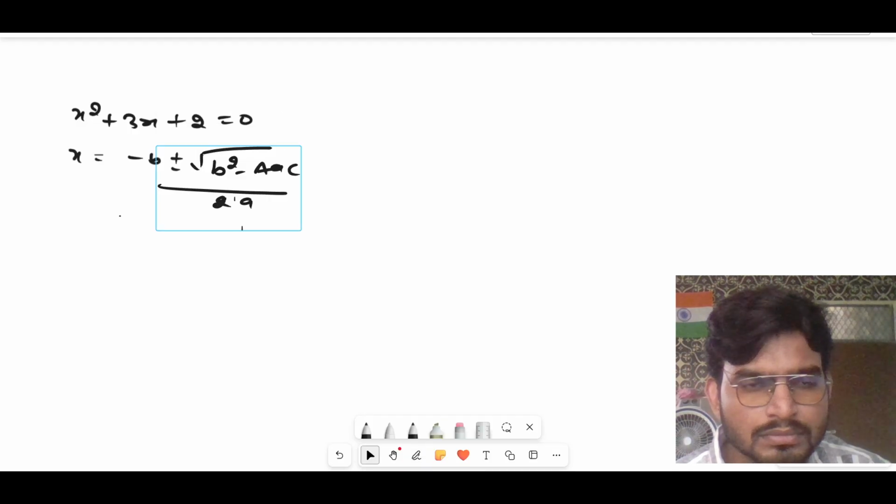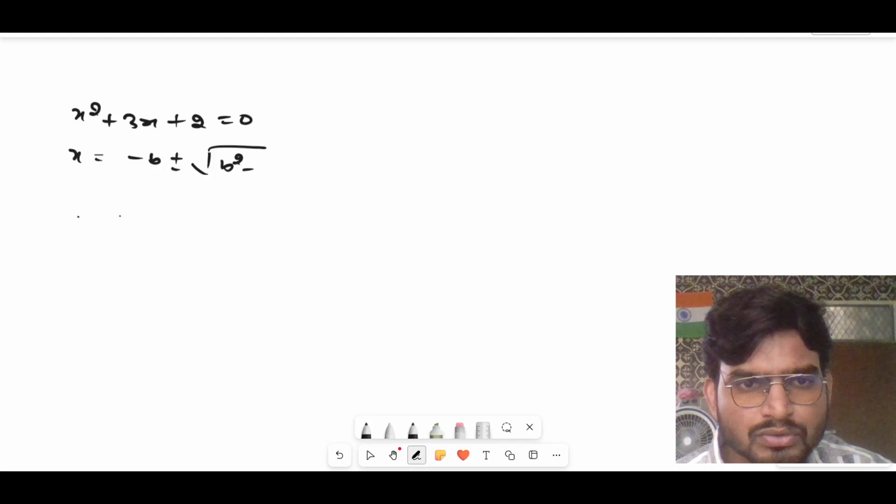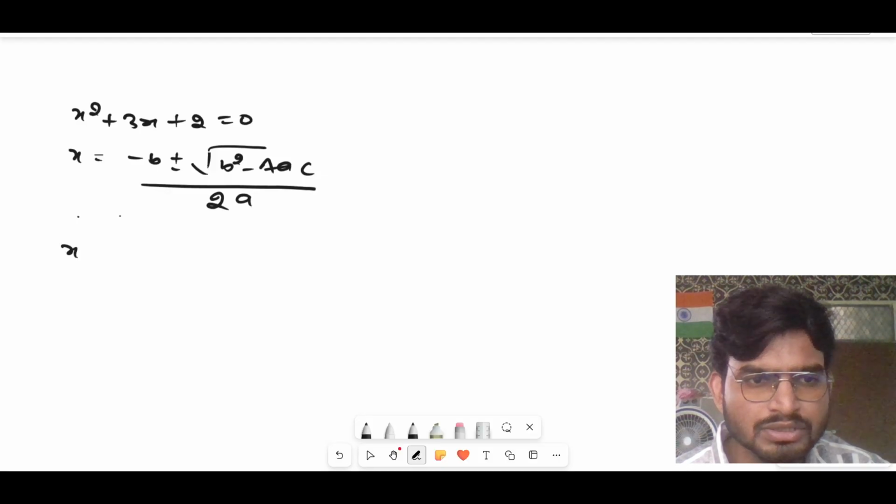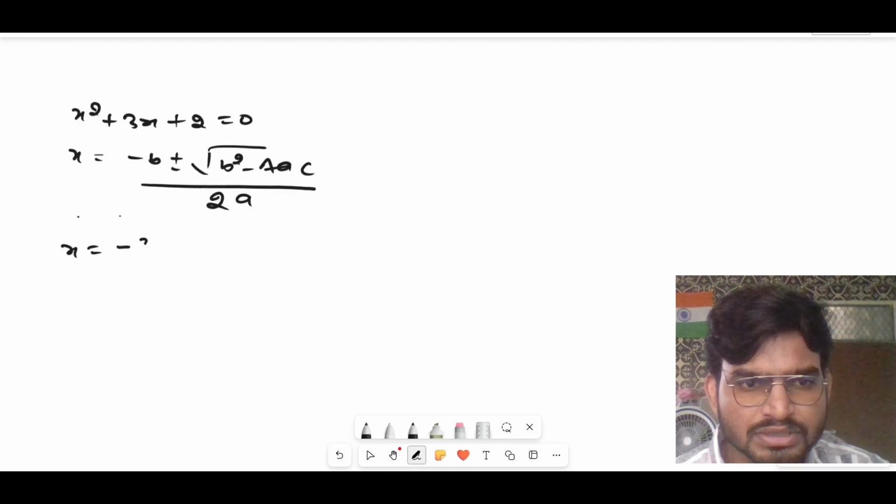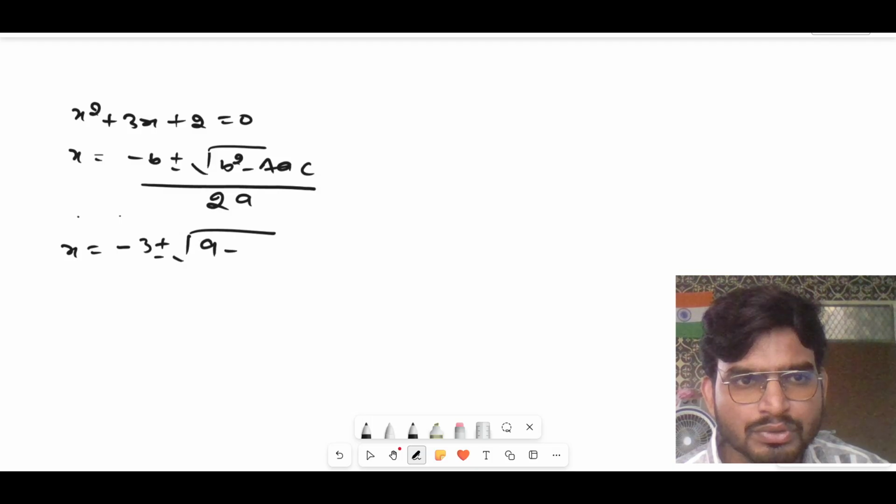Then x equals minus 3 plus minus root of 9 minus 4 into a into c, that is 8, upon 2 into a, which is 1.